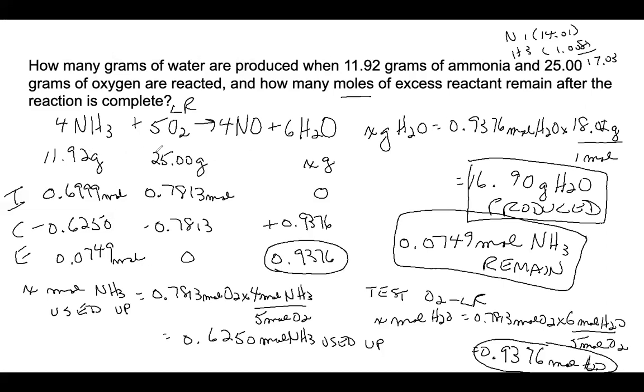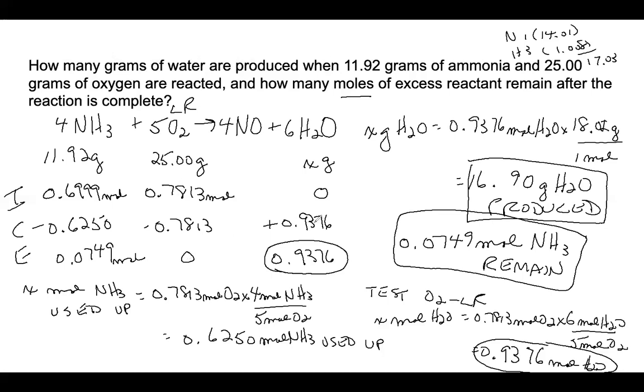Okay, so if you're given grams, change them to moles. Then test each of your reactants to see how much product you would get. The least amount of product, that's how much you get, and the reactant that gave you that number is your limiting reactant. The limiting reactant gets completely used up so that you have none at the end.